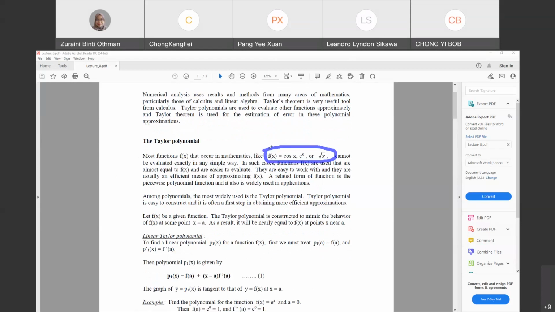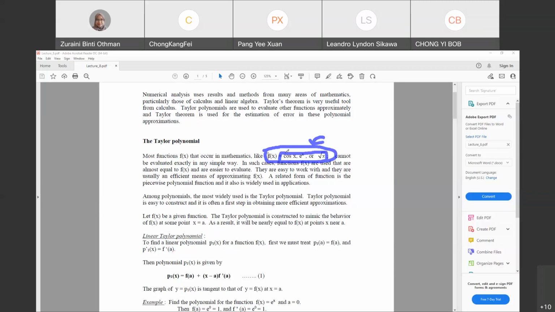But in some situations we have to use Taylor polynomial. Okay, actually for this case kita boleh buat, but in this explanation we will use this kind of equation to show.